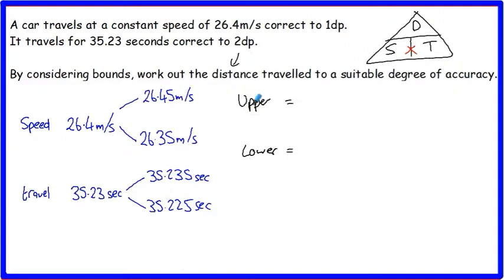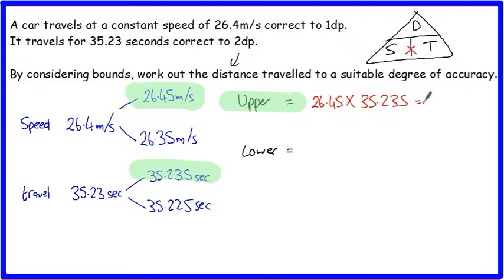The upper answer will be the two biggest numbers multiplied together. So that's going to be 26.45 multiplied by 35.235. Okay, the lower answer will be the two smallest numbers multiplied together.